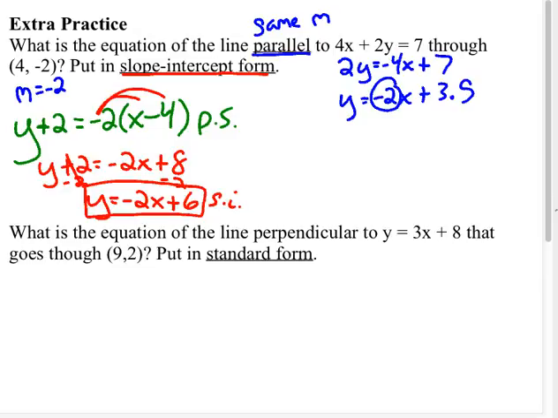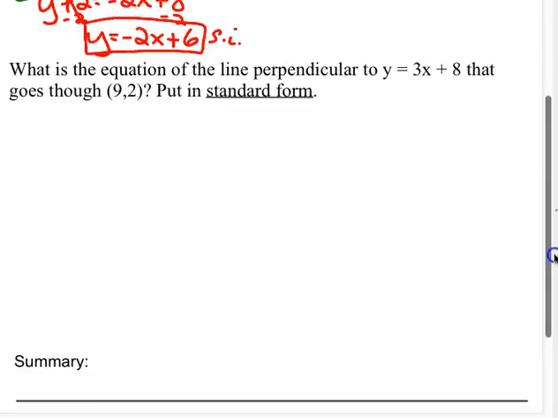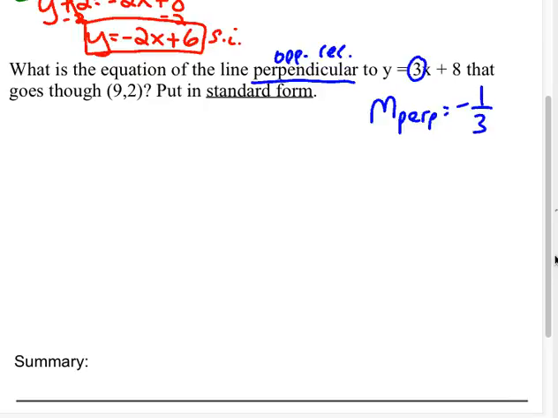All right, another example. So here, write the equation of perpendicular line to that one. So perpendicular means opposite reciprocal slope. Okay, so that's the first thing. So if my slope right now is 3, it means the perpendicular slope is going to be the opposite reciprocal to that.